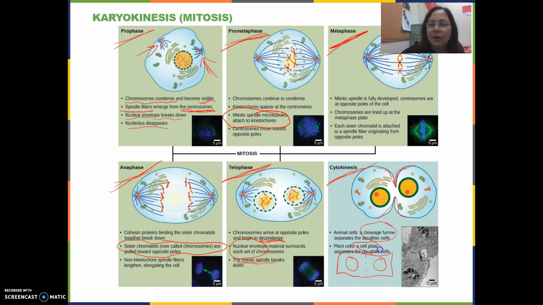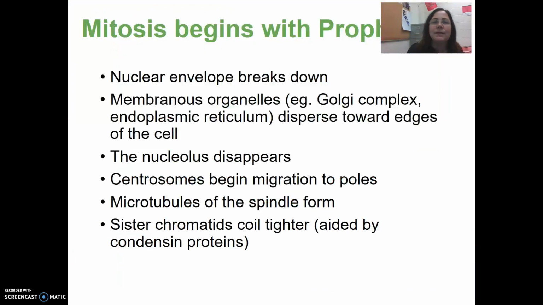So what you need to know is the differences in plant and animal cells. Mitosis is the same in plant and animal cells, but cytokinesis in animal cells occurs by the forming of a cleavage furrow and the separation of the two cells. And in plant cells, cytokinesis occurs when a cell plate forms and separates the daughter cells.